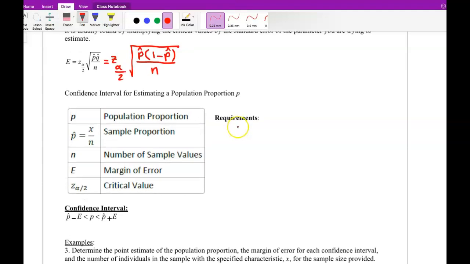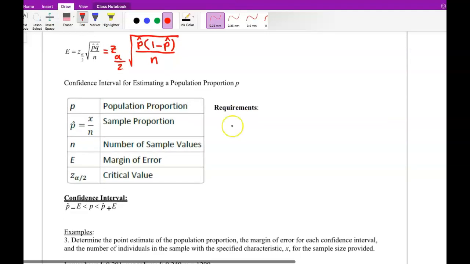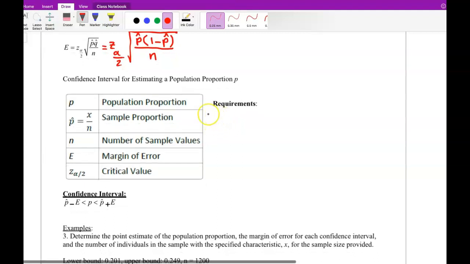And so what are the requirements for this part? We should have the following steps. We should have simple random sample to be able to estimate the population proportion.